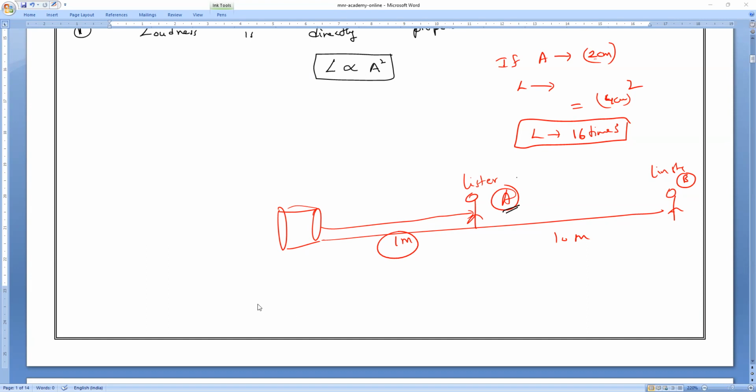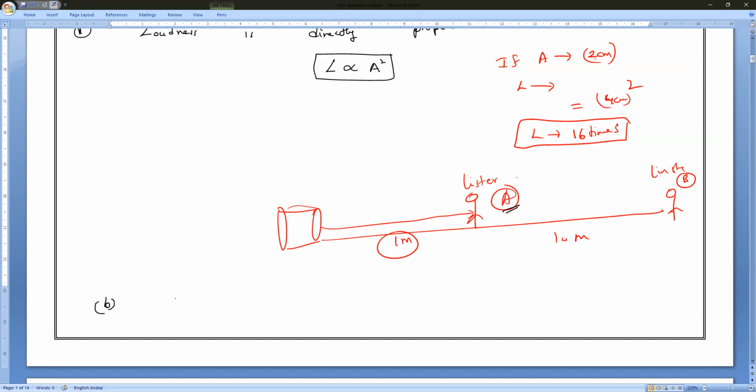So loudness depends on distance, inversely or directly proportional? Inversely proportional. Very good. Loudness depends inversely on the distance between the listener and the source.